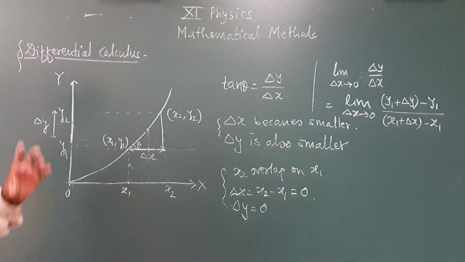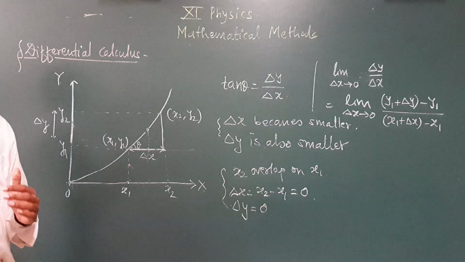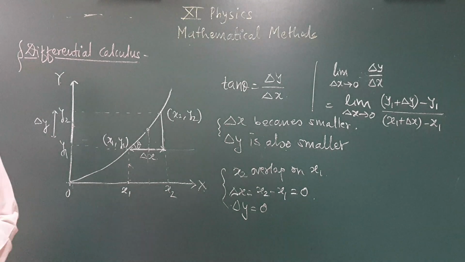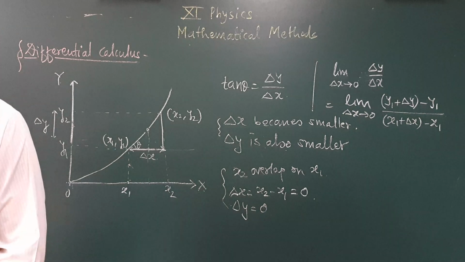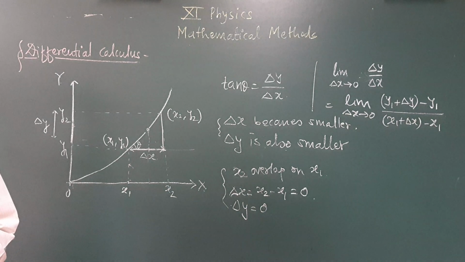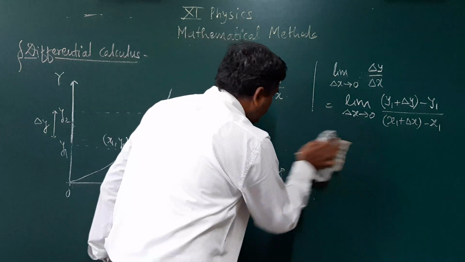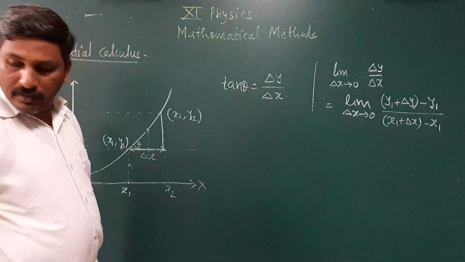Not difficult. And this part is explained in terms of differentiation. What is the differentiation? How do you calculate the differentiation? That we have to see first. Okay? This part is called the differentiation.